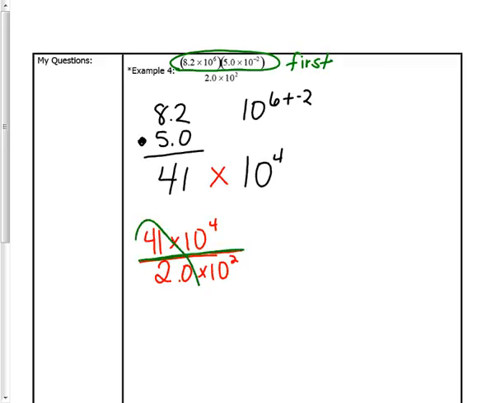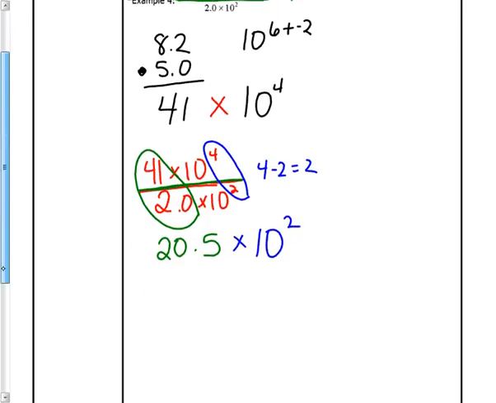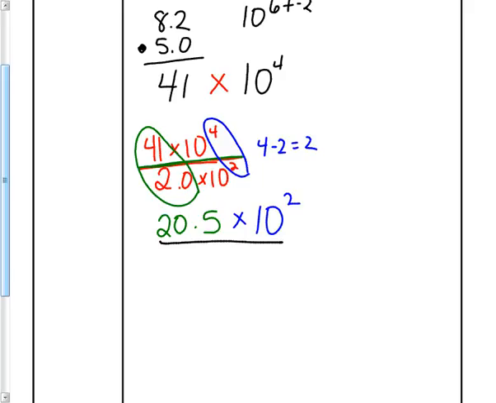So now because this is a fraction, I can do the division here. So I'm going to take these and I'm going to divide them. 41 divided by 2, you get 20.5. And then I'm going to take my exponents, and because this is division, I can subtract my exponents. 4 minus 2 is 2. So this is times 10 to the second power. Now, this is not my final answer because this decimal place is not in the right position.